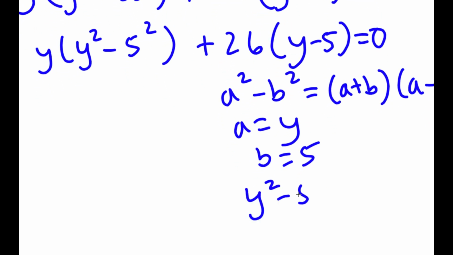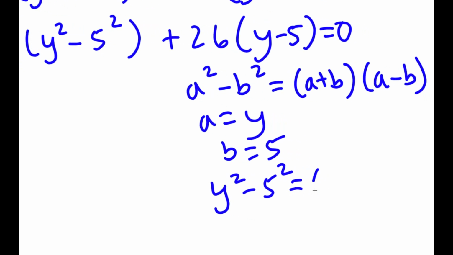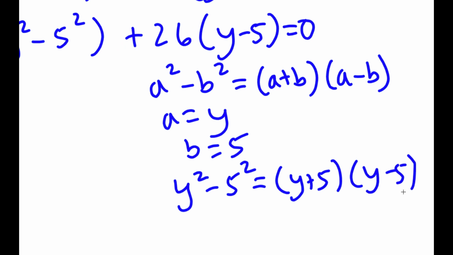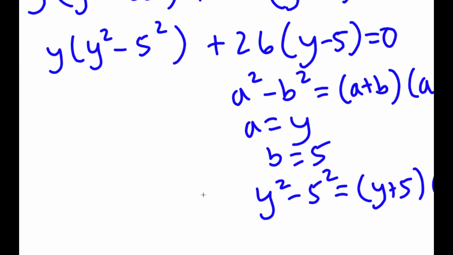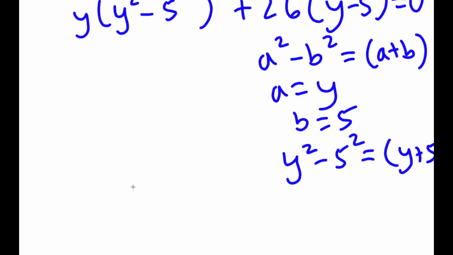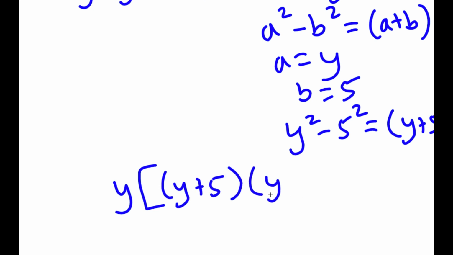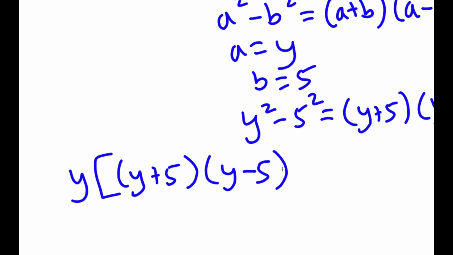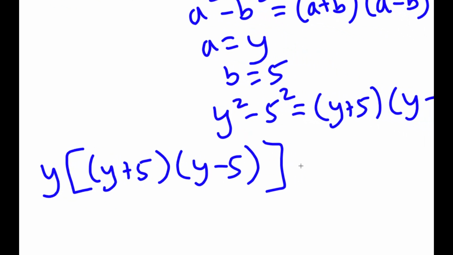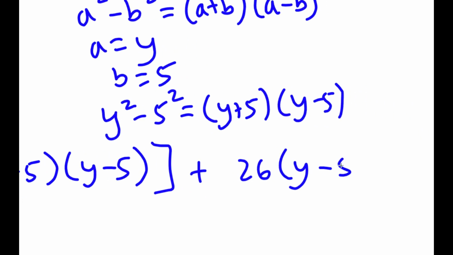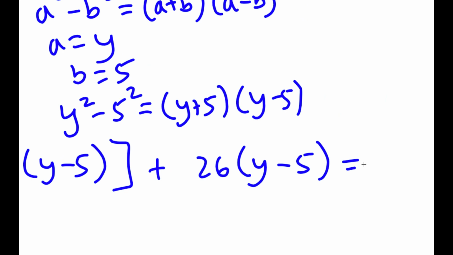So y squared minus 5 squared is equal to y plus 5 times y minus 5. So now I have y times y plus 5 times y minus 5 plus 26 times y minus 5 is equal to 0.